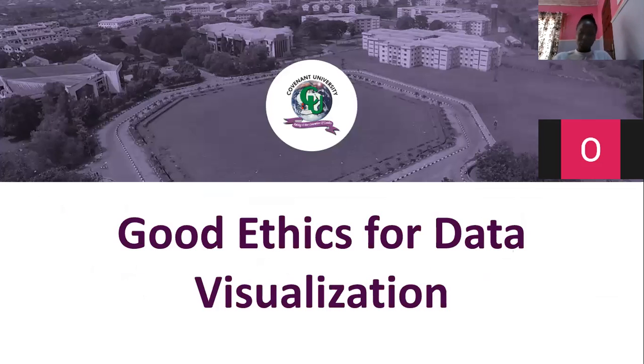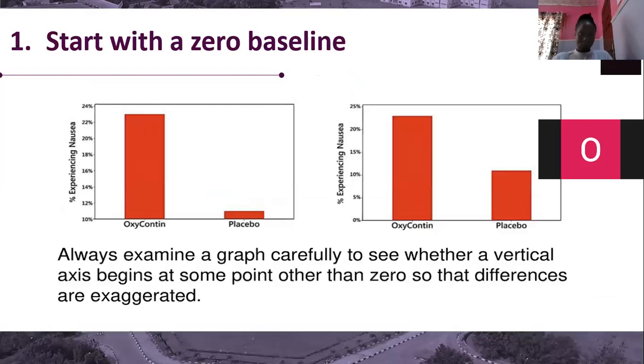So, some good ethics for data visualization. One, start with the zero baseline. If you look at the chart on the left-hand side, they're starting at 10 and going up to about 24%.